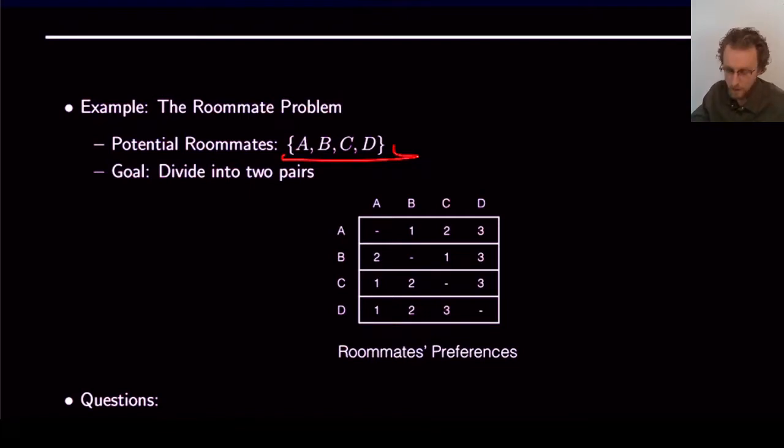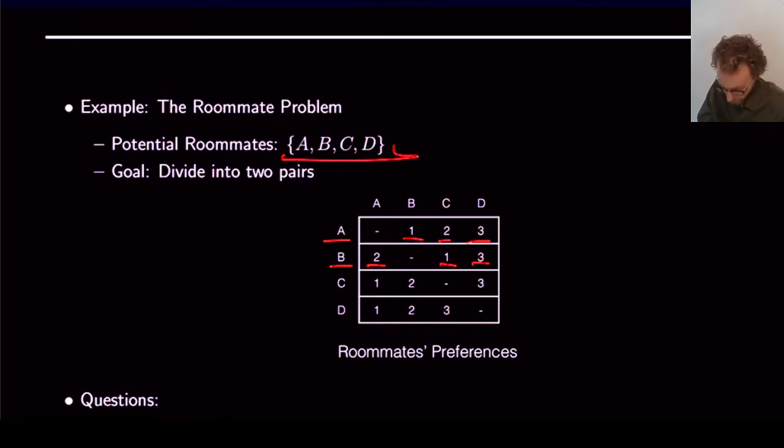And the wrinkle here is that everybody cares about who they're paired with. And so we encode who they're paired with in a matrix like this. So person A likes B first, then C, then D. Person B likes C first, then A, then D, and so on. So every individual has preferences about who they're paired with, and we need to pair everybody off.